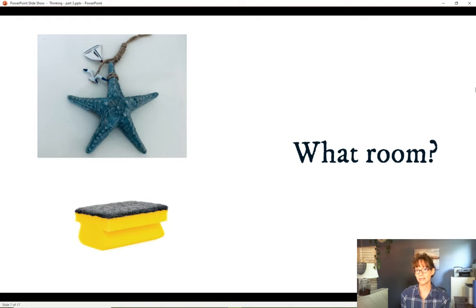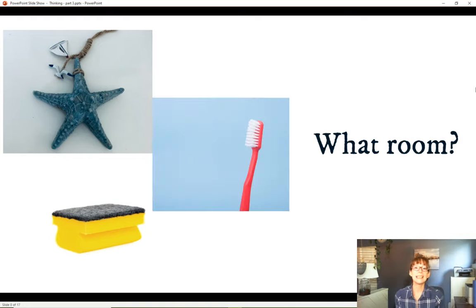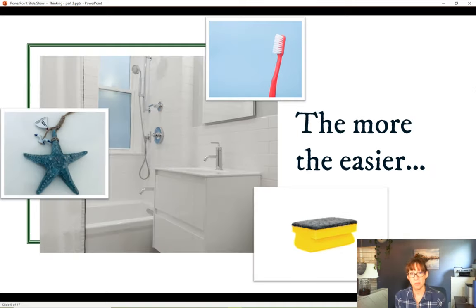Now what do you think? And now they give you a third object. Are you getting a better idea of what room this could be? I bet that the toothbrush really helped. The point is that the more artifacts you find, the more you're able to make inferences about their context.